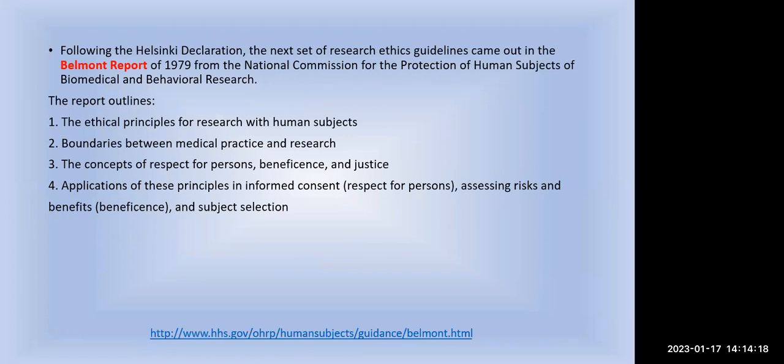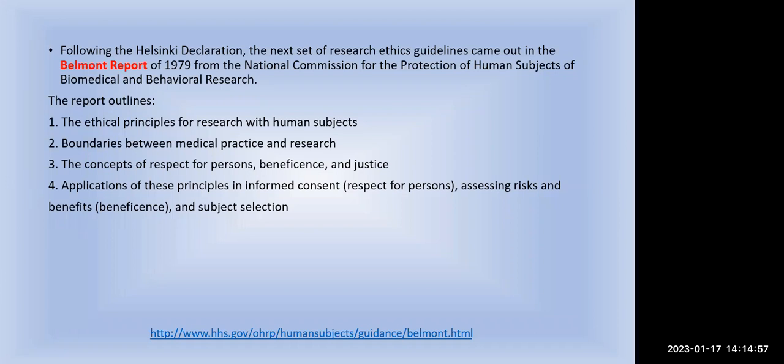Following the Helsinki Declaration, the Belmont Report, 1979, will add more. It came from the National Commission for the Protection of Human Subjects of Biomedical and Behavioral Research, and it also outlines additional principles, including the ethical principles for research with human subjects, boundaries between medical practice and research, concepts of respect for persons, beneficence, and justice, and the application of these principles in informed consent.